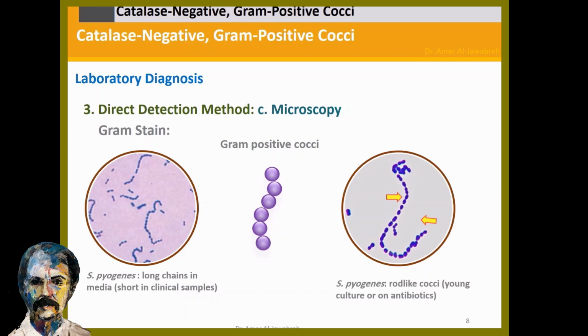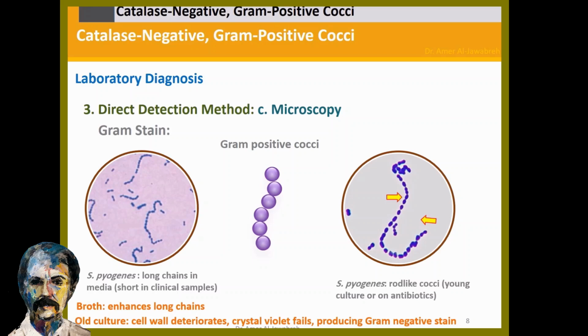Cocci, they resemble bacilli. So broth enhances long chains. You want to see long chains? Culture in a broth and make gram stain from the broth. You can see them very long. But still, you cannot tell if this is group B or group A. But it gives you nice culture with long chains.